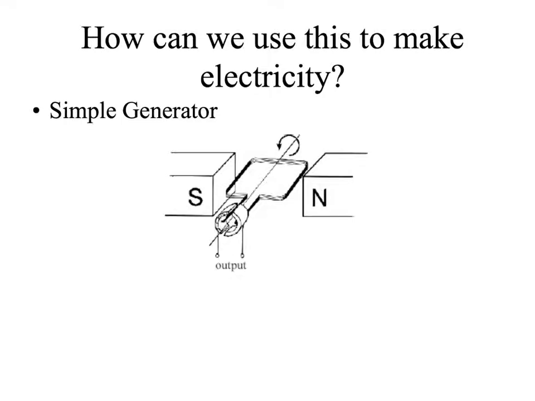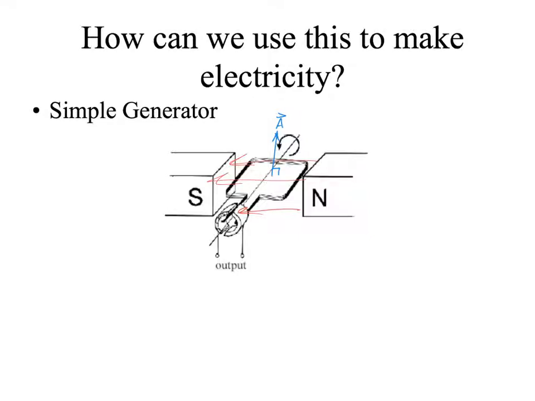So if we have a magnet here, of course the magnet's going to create a magnetic field going through here, and then we have this coil, and the area vector of that coil is perpendicular to the actual plane.